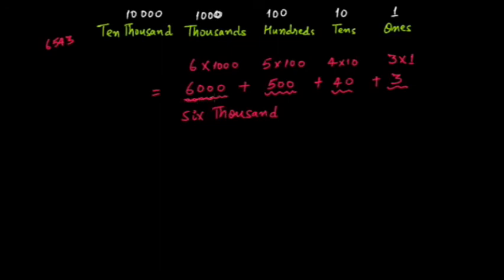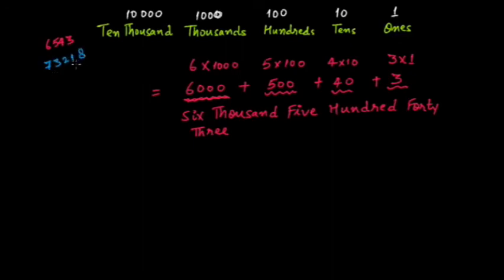Because it was here 6,000, then 500, 40, right here 3. Okay, 6,543.